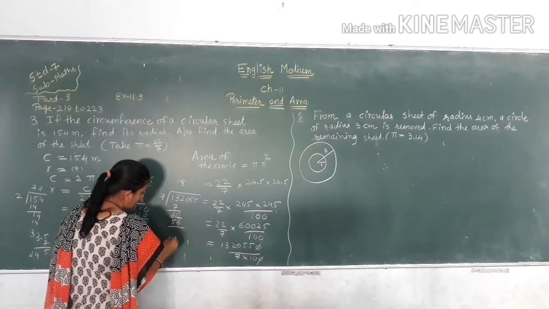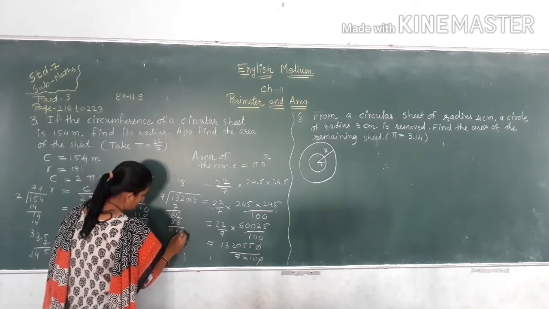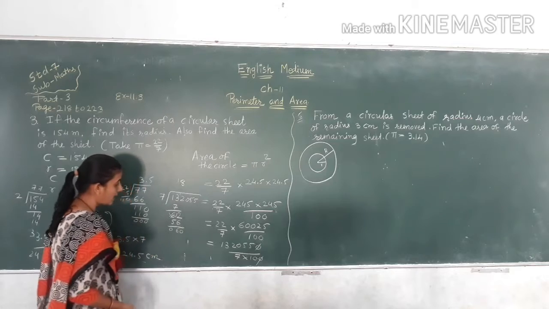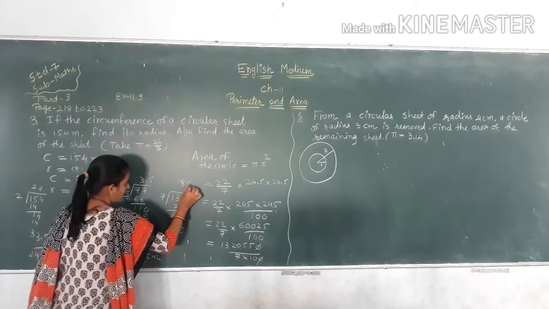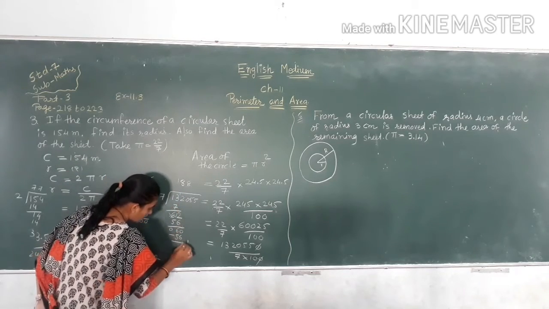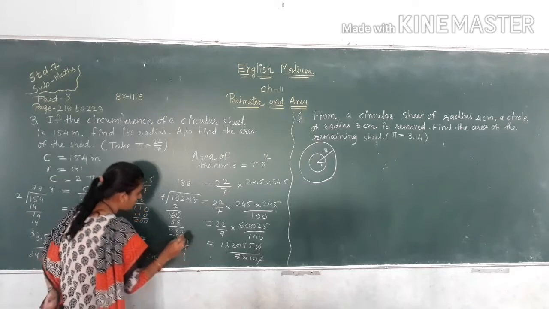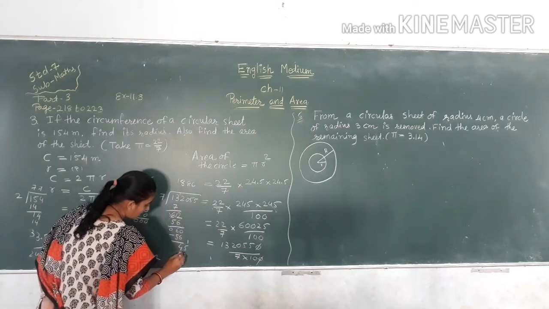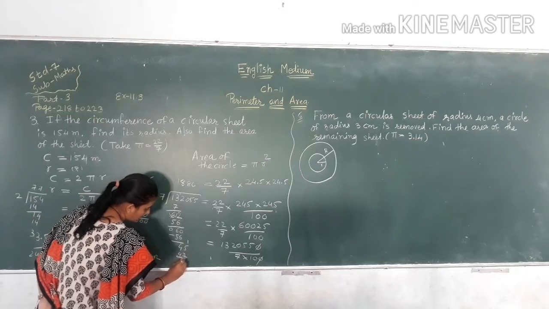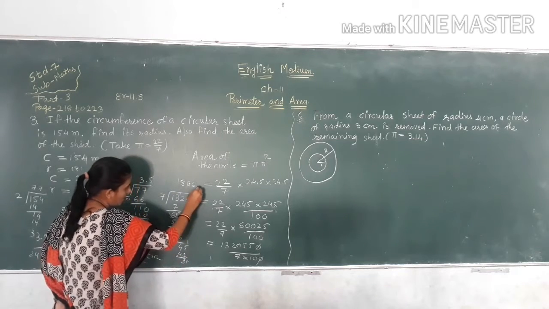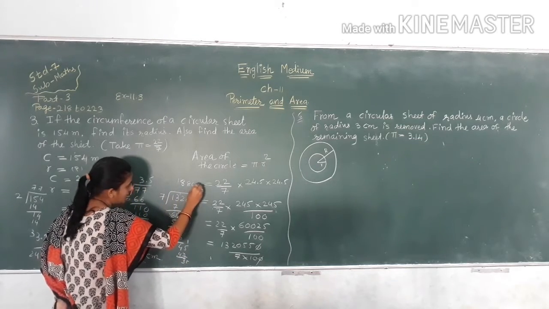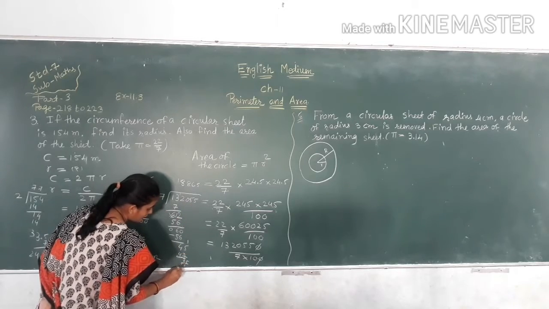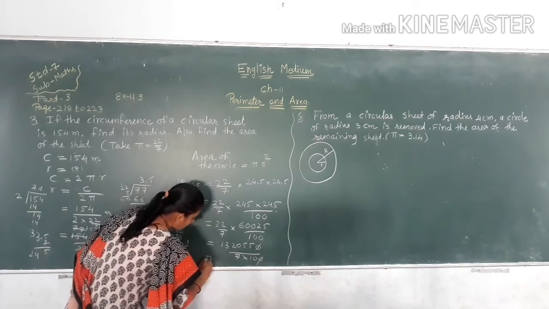Here 5. 12 minus 6, 6. Again down here 0. Then 7 8s are 56. Here 4 left. Again down here 5. 7 6s are 42. Here 3 left and 5. And 7 5s are 35. 0 0. And then we get answer here what?